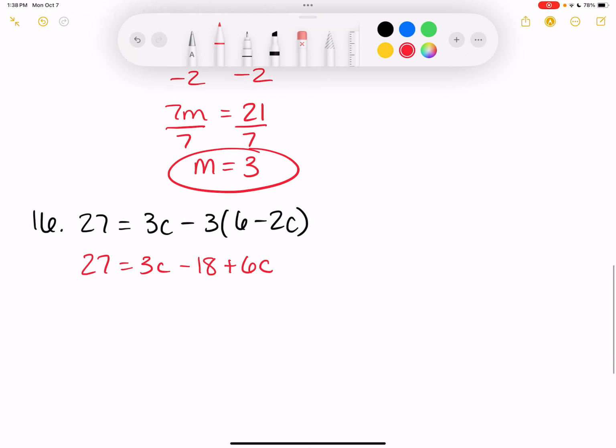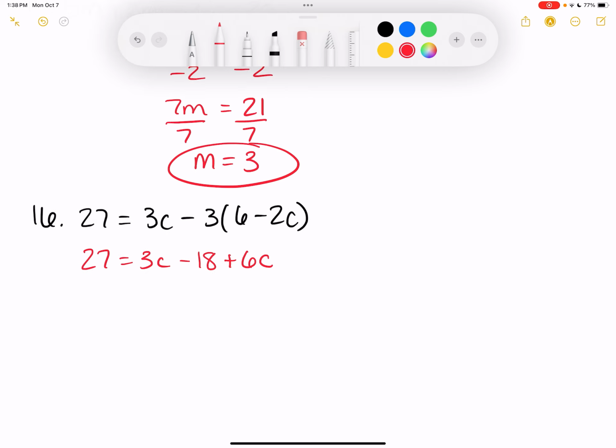Now what? Combine terms. So 27 equals what? 9c minus 18. What's next? Plus 18.